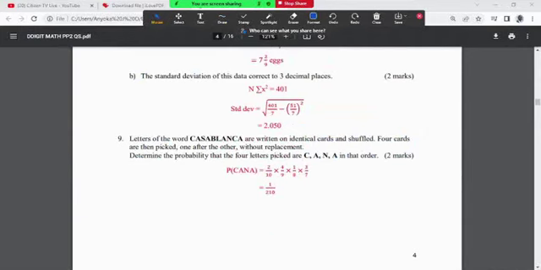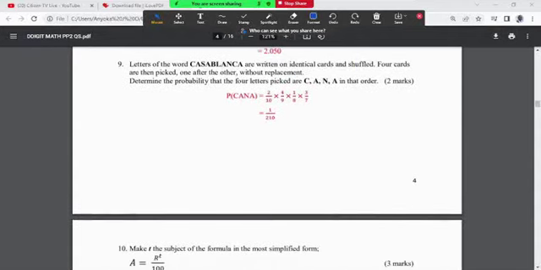Letters of the word Casablanca are written on identical cards and shuffled. 4 cards are then picked one after the other without replacements. Determine the probability that the 4 letters picked are C, A, N, A in that order.